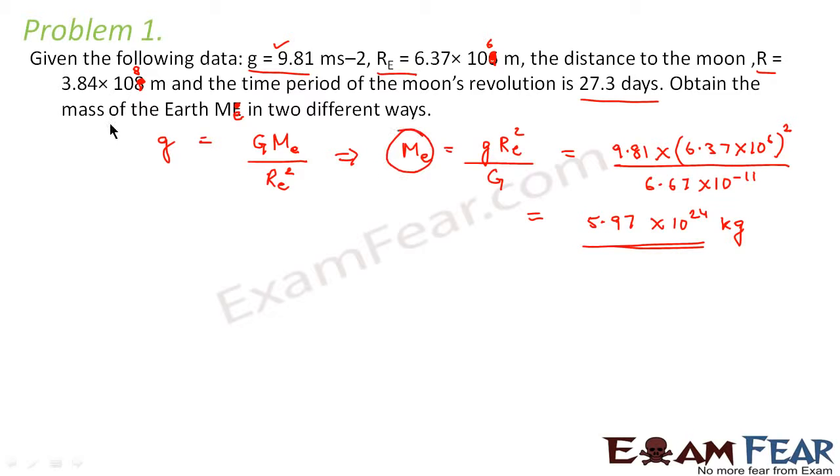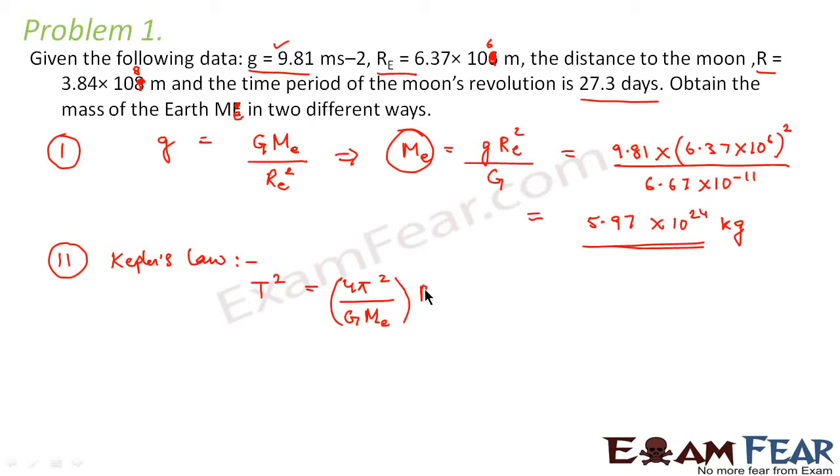Now, the question says we have to calculate it in two different ways. So, this was the first way which we adopted. Now, let us look at a second way. In the second way, we will use Kepler's law. According to Kepler's law, we know that T square is equal to 4 pi square divided by G me into r cube, right?